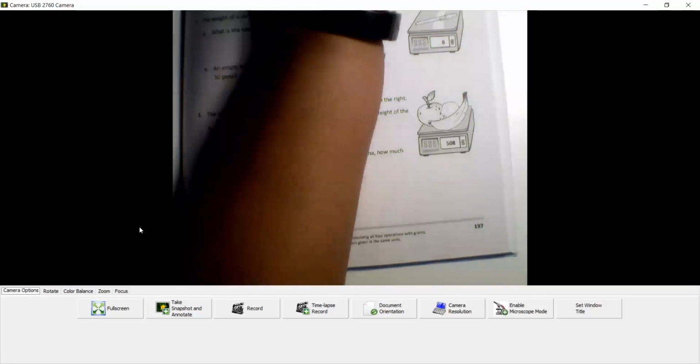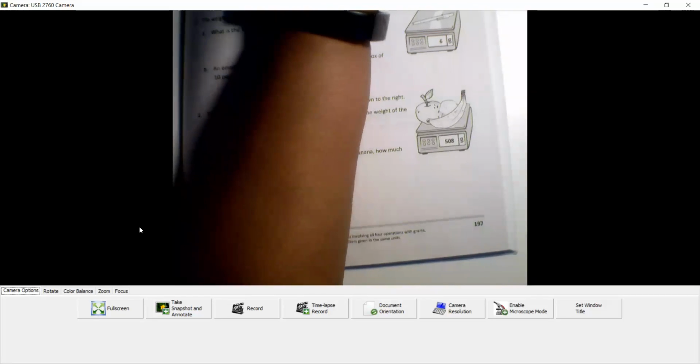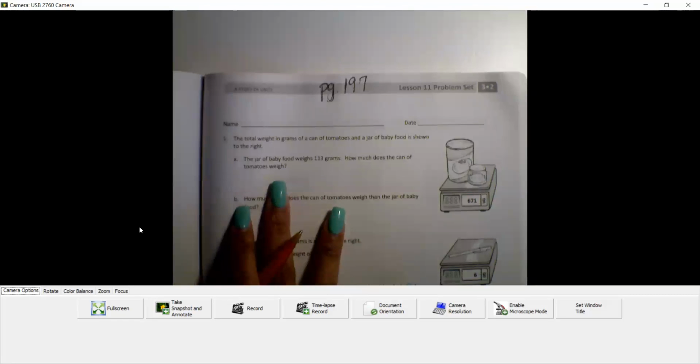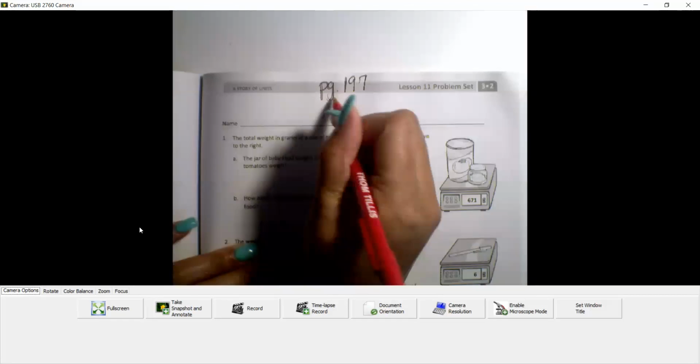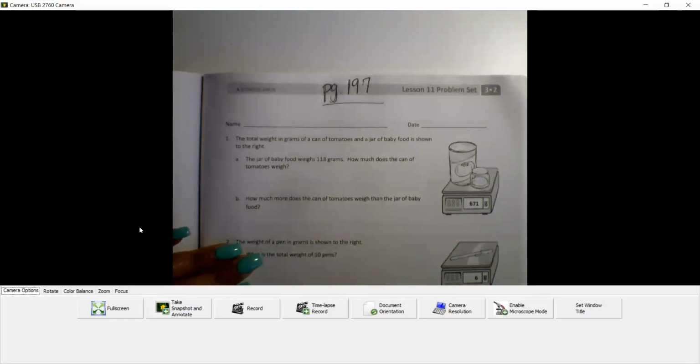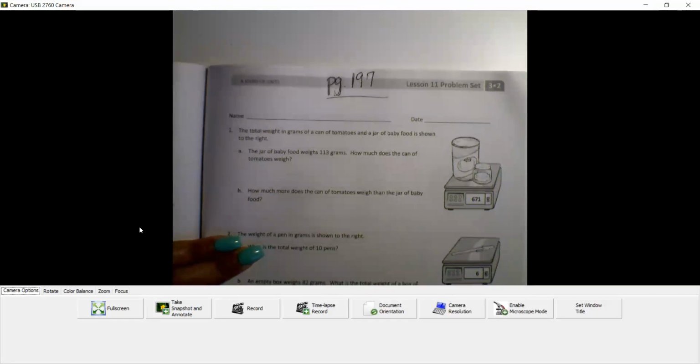I'm going to write the page number at the top of the page so you can see it. Again, pause the video if you need to find the page number.